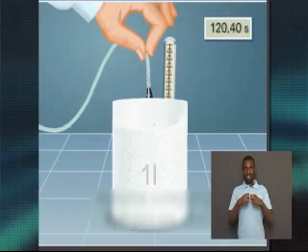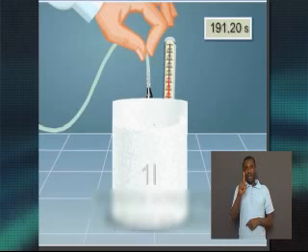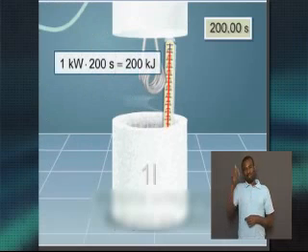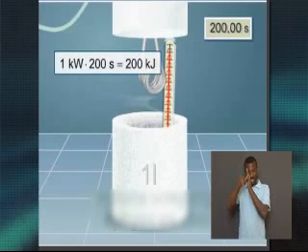The electric heater applies 1 kilowatt of heat to the water per second. The heater takes approximately 200 seconds to push the temperature of the water to the boiling point.